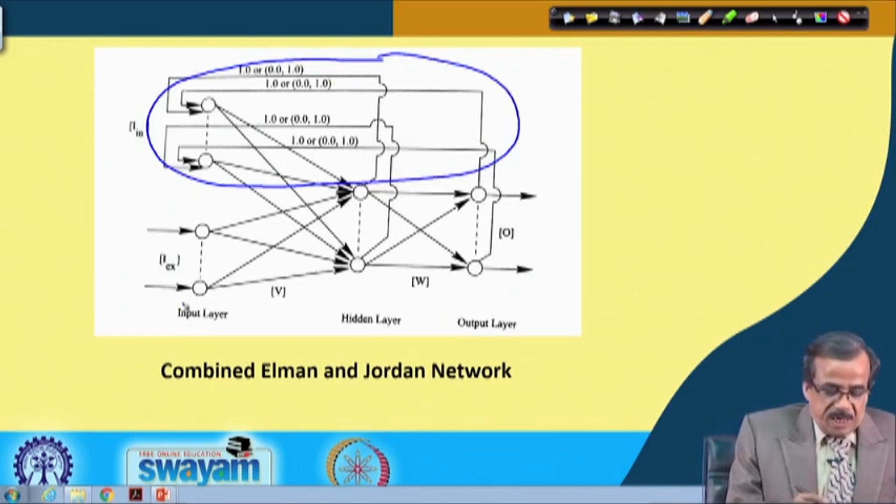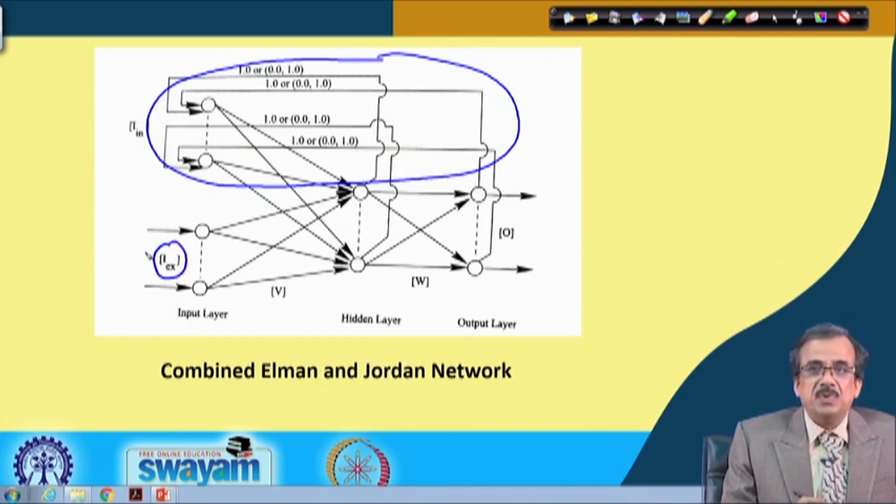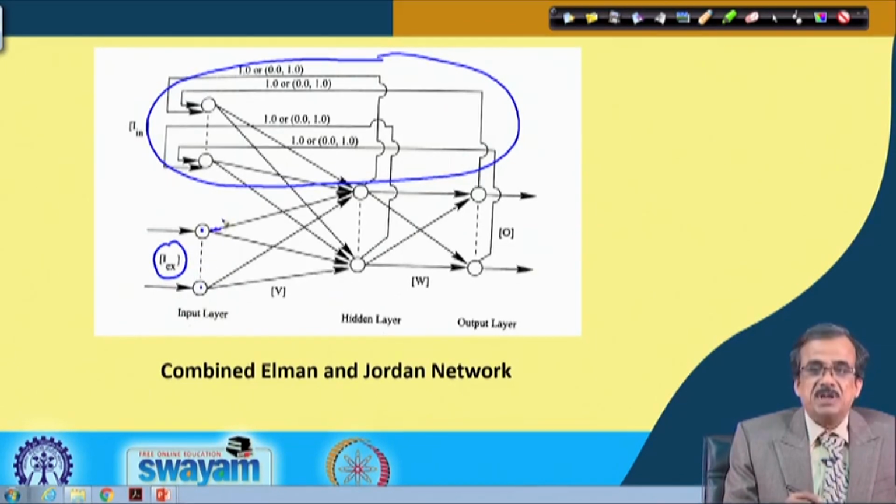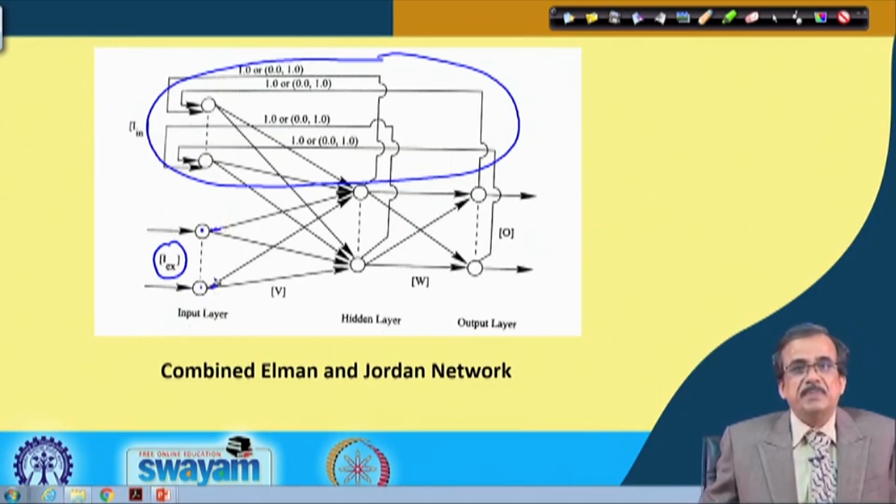Now, I am passing the set of inputs, that is nothing but your external inputs, exactly the same way as I discussed. So, here on the input layer we have got the neurons, they are having their transfer function, and based on that you will be getting some output here.